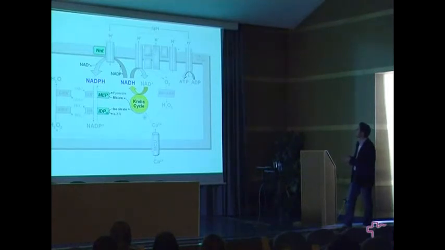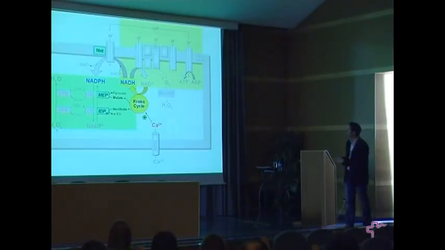All these enzymes derive their substrates from the Krebs cycle, which is NADH, malate, and isocitrate. So we speculated that mitochondrial calcium uptake may be important not only to match energy supply and demand, but also to keep the redox state in a reduced state in order to prevent the formation of toxic H2O2.